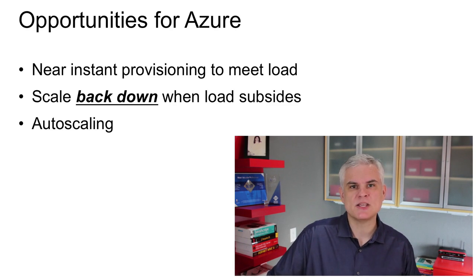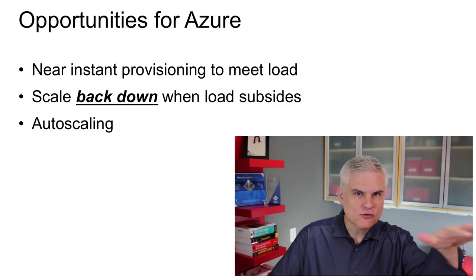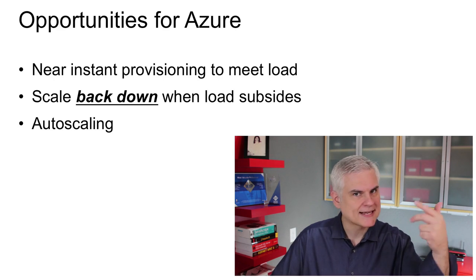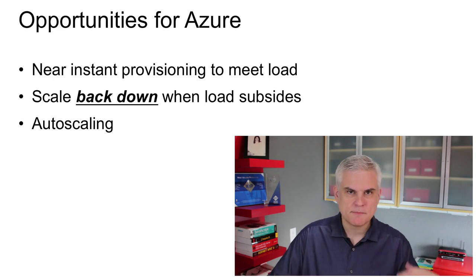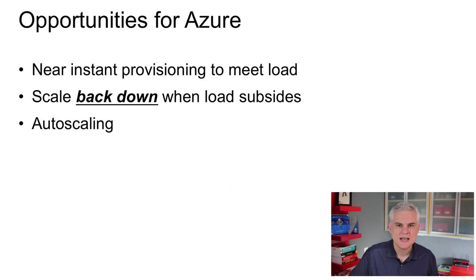So you can set up rules, thresholds, for when it gets to a certain saturation level in terms of memory or network access or processor utilization. Then Azure can take care of the rest. It can spin up new instances of your application and new virtual machines, or it can increase the hardware required by increasing from a small compute instance to a medium or a large instance. You have a lot of options in that regard.